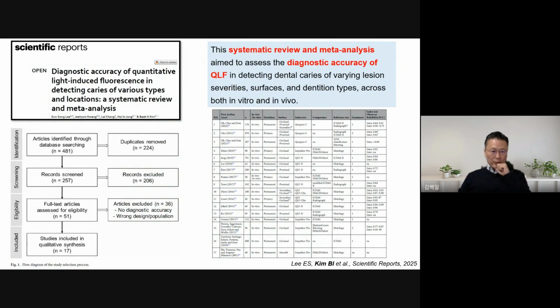This systematic review and meta-analysis paper was selected from a total of 481 papers published with the keyword QLF through a rigorous quality assessment. Ultimately, we selected 17 papers among them.